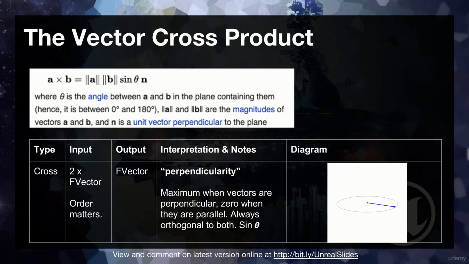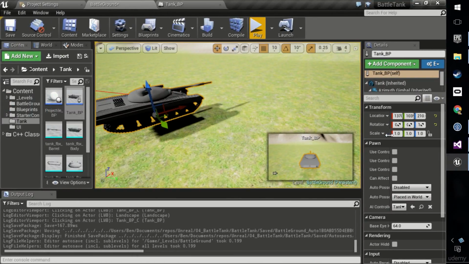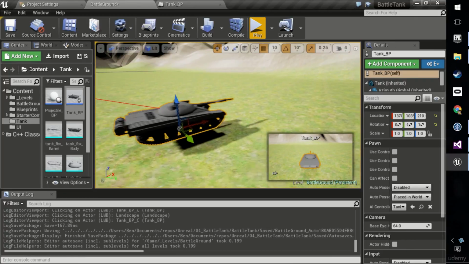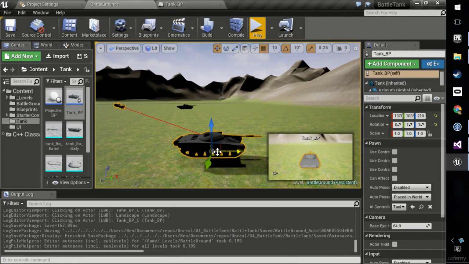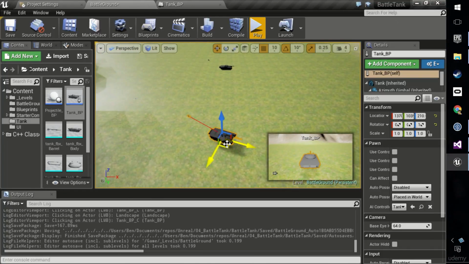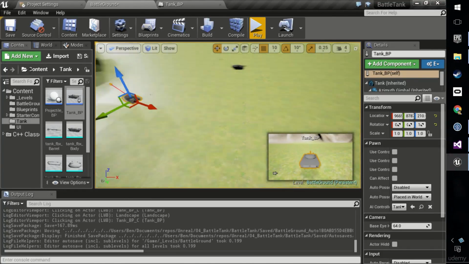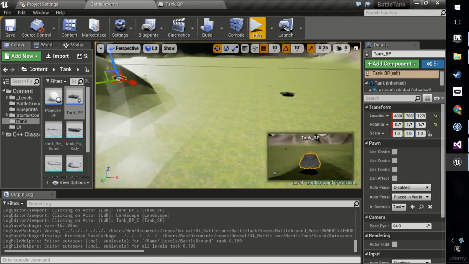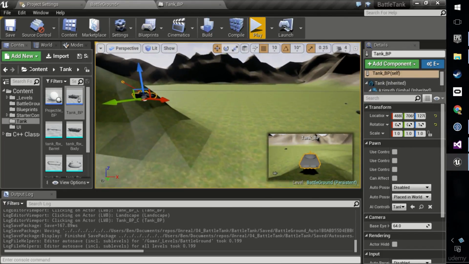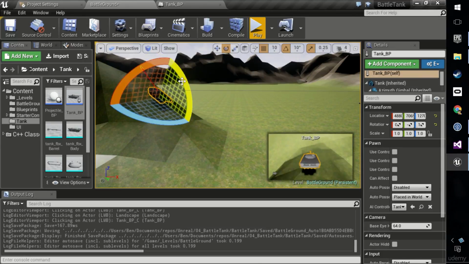But what I want to do now is get into actually using it. So just like before, you can do this, but I've just got one more thing to tell you. It's a vector that comes out of the cross product. And we also need to think about what would happen if the tank was on a hill. Let's say that we're not just constrained to a plane here, but this tank is sitting up on the hillside like this and is, let's say, rotated a little bit because it's sitting on the hill.